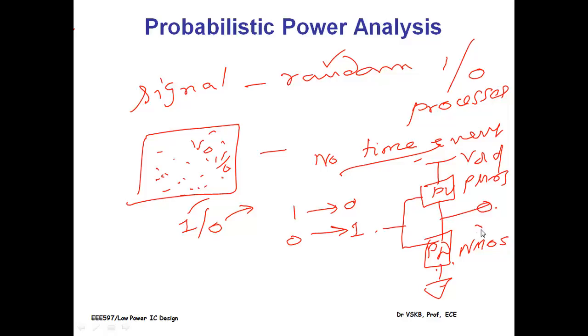I take the output, and whenever I make this a logic 1, that means I am charging this particular node to the maximum VDD potential, and in that process I am spending half CV square, and the moment I let it go off to the ground, I spend another half CV square. Then I say that I have CV square for every event, multiplied by the frequency, giving me the total power dissipation in the particular circuit.